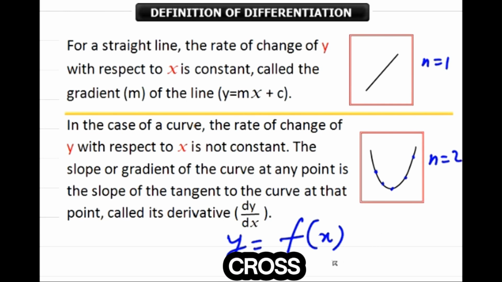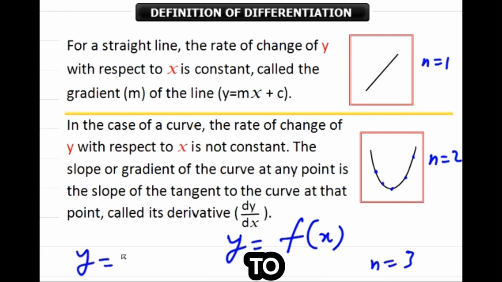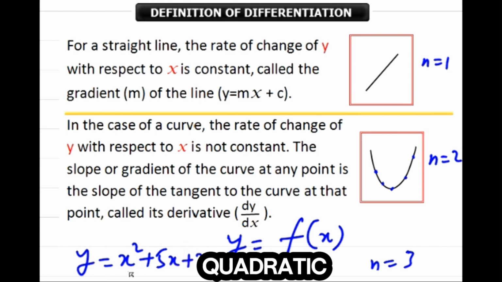If it's going to cross the x-axis at 3 points, then n will be equal to 3. Let's write a function, for example, y is equal to x squared plus 5x plus 2. It's a quadratic function.